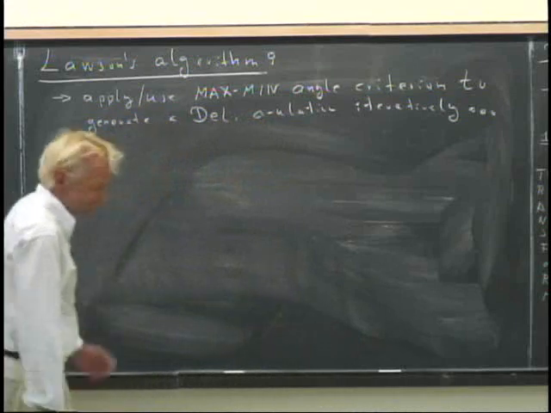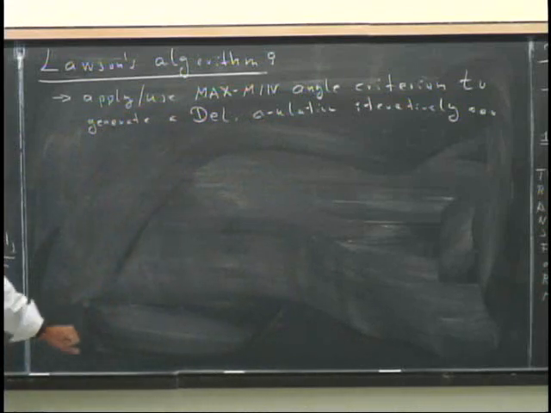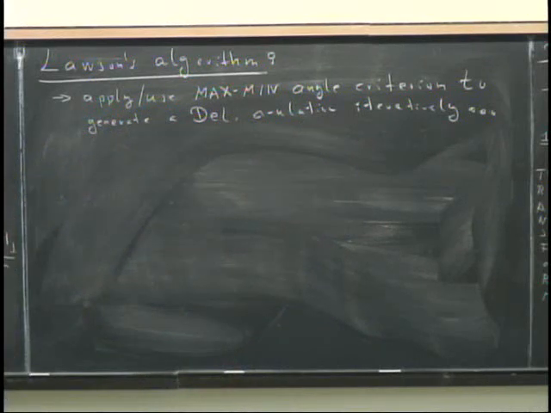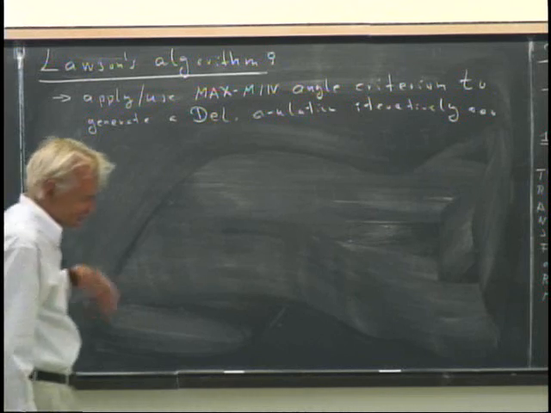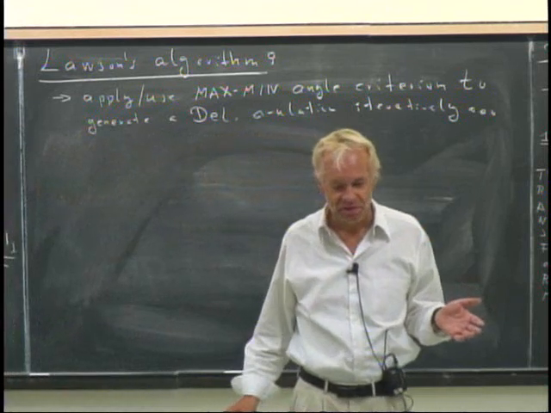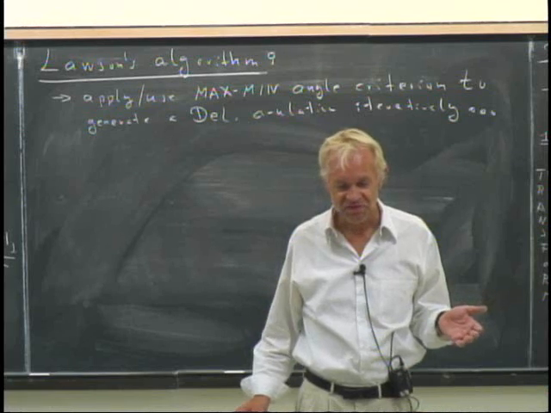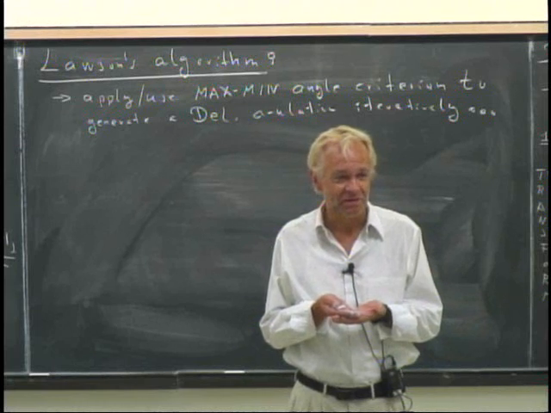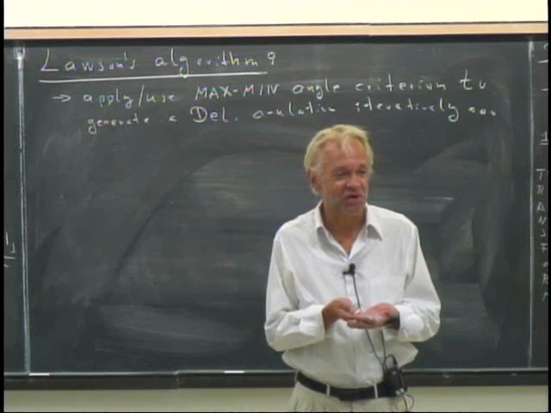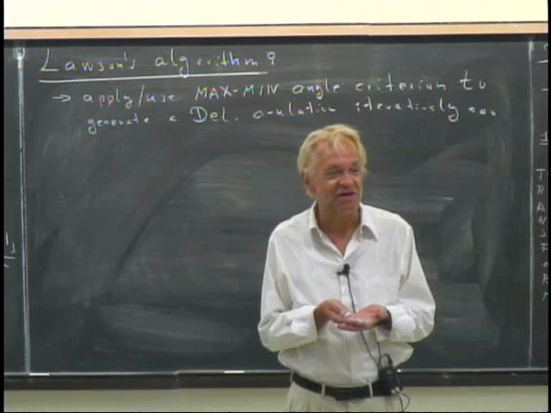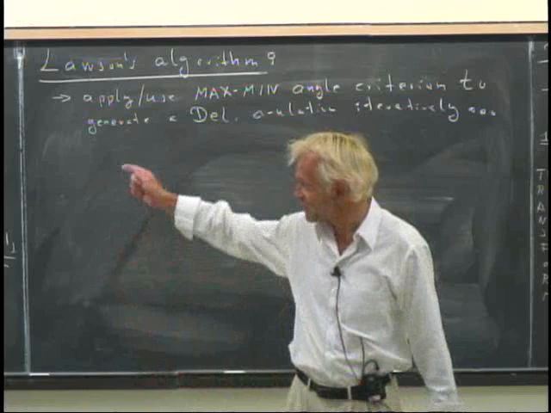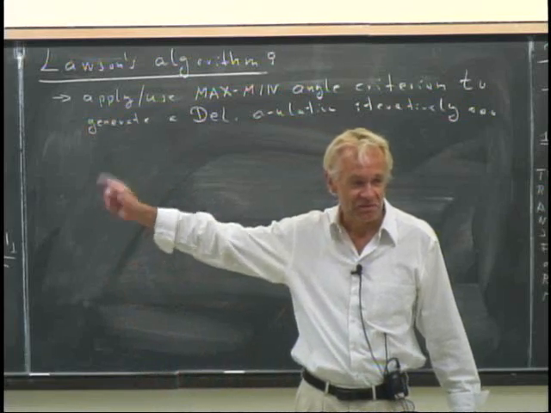Okay. On the left, I want to do an example, and on the right, I will spell out on a high level the steps that are necessary. On the highest level, it works like this. The assumption is that at an intermediate state, I have a Delaunay triangulation, and then I will insert the next point in such a way that I will not violate the Delaunay criterion. The triangulation is Delaunay if it is a max-min triangulation, and vice versa.